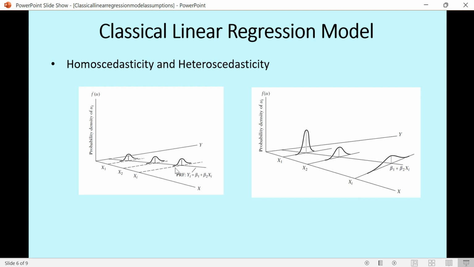Their disturbances have the same variance in this figure, but not the same variance in this figure. This one has clearly larger variance than that one, right? This is called heteroscedasticity.